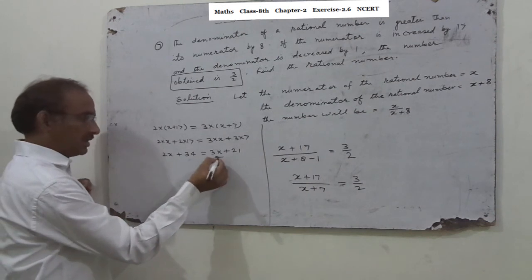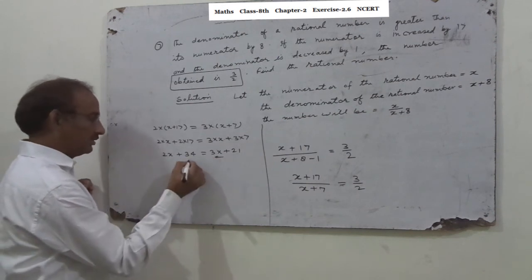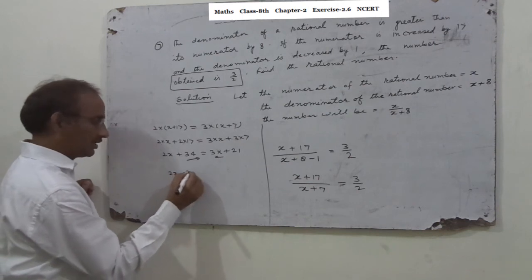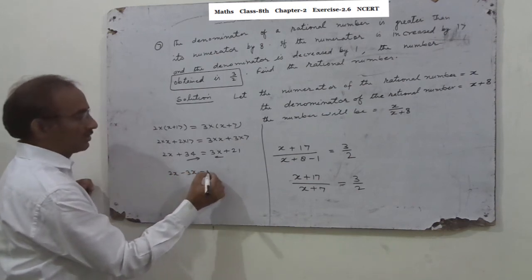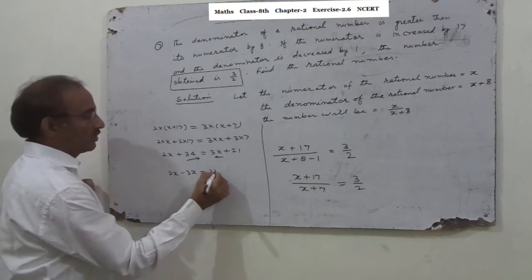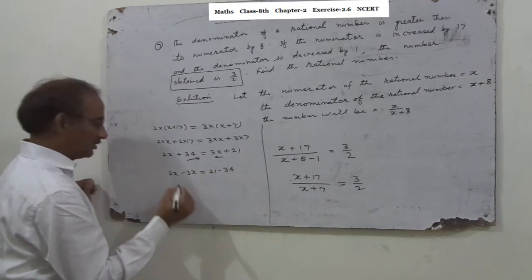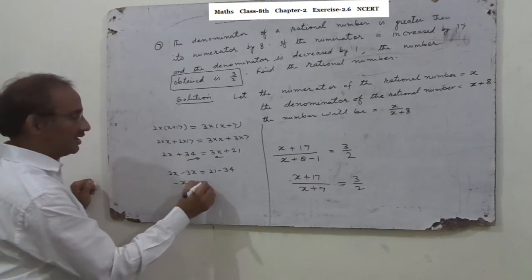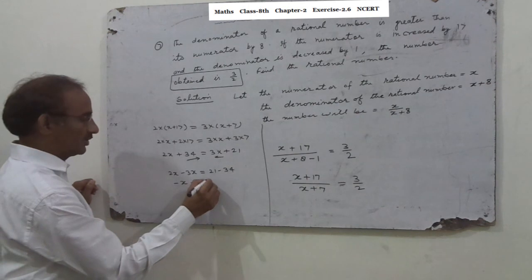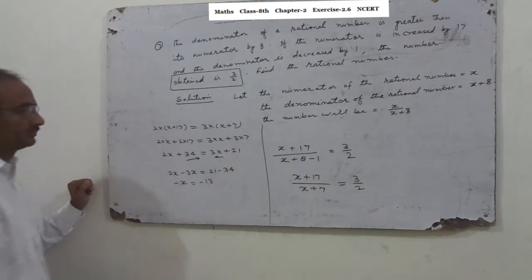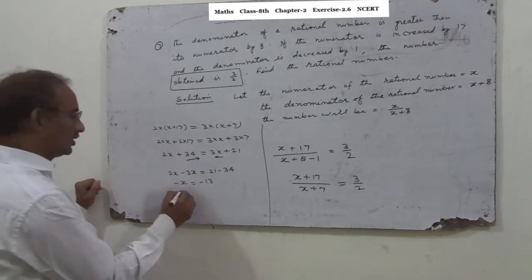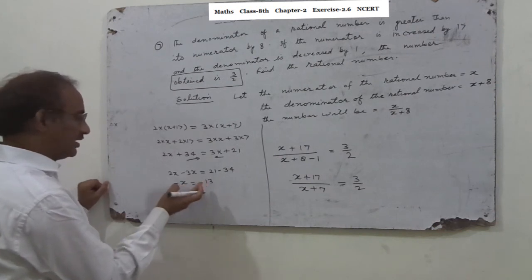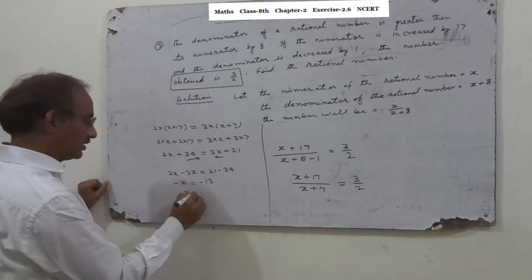On transposing 3x to the left hand side and 34 to the right hand side, we get 2x minus 3x equal 21 minus 34. So it will be minus x and it is minus 13. On cancelling both minus, we get x equal 13.